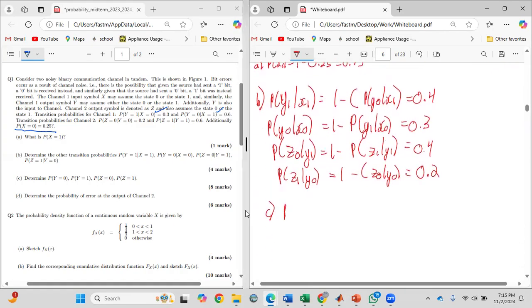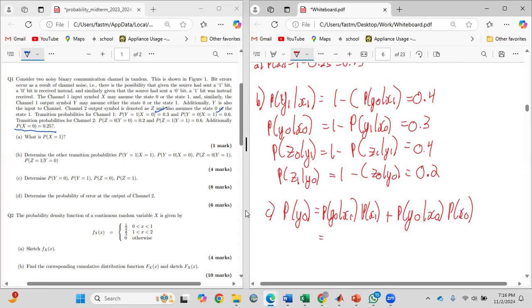So the probability of y0 will be the probability of getting y0 given that you send x1 by the probability of x1, plus the probability of getting y0 given that you send x0 by the probability of x0. That's basically what it was.